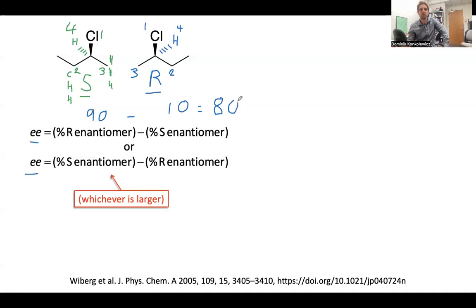Okay, so we first of all need to define this concept of enantiomeric excess before we can actually calculate rotations of mixtures of two stereoisomers.